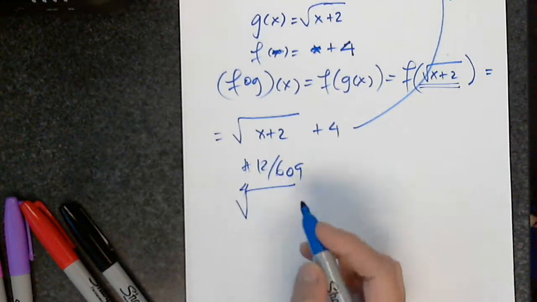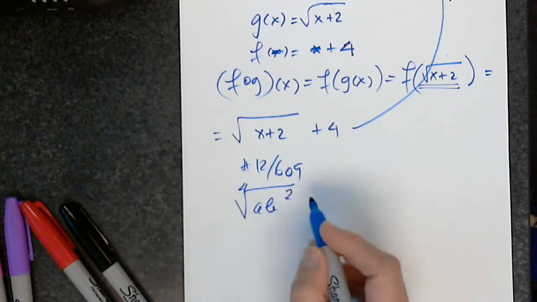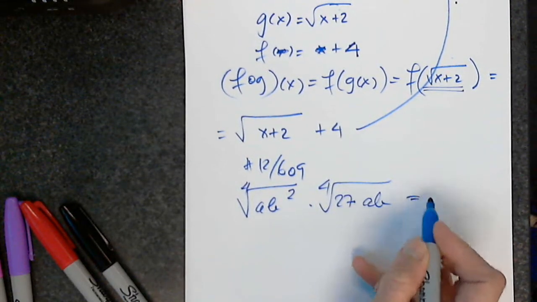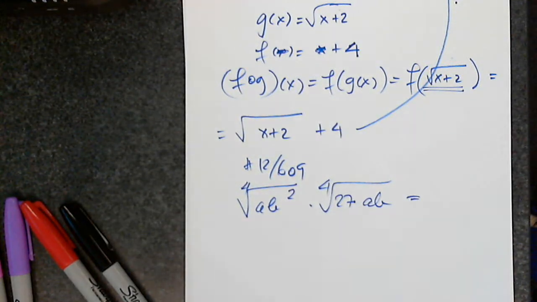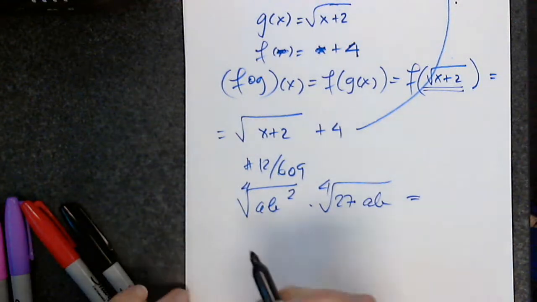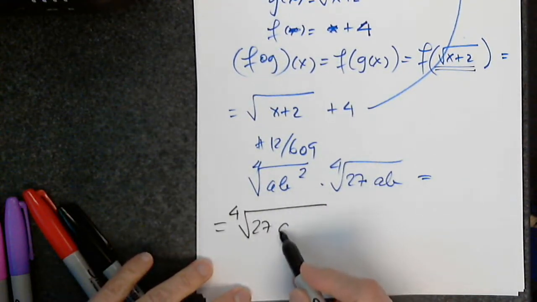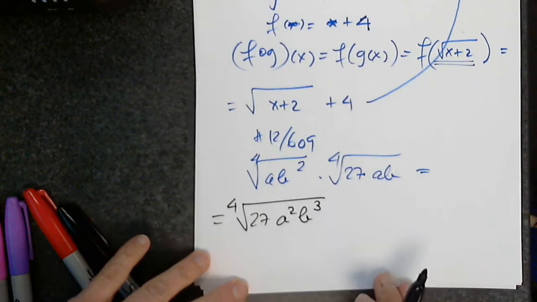The fourth root of a b squared times the fourth root of 27ab. I'm allowed to multiply two radicals as long as they have the same index. So in this case, I will have the fourth root of 27 a squared b cubed.